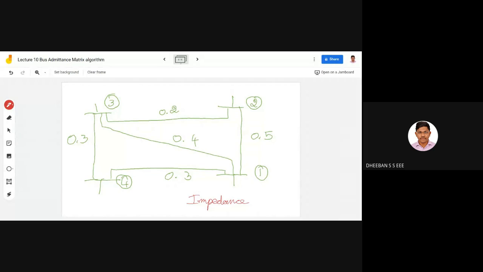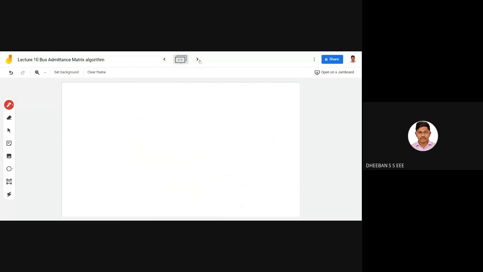If it is impedance, check the algorithm and tell me what you have to do. Convert it into admittance, sir. Yes, you have to convert them to admittance. For that you will be taking the reciprocal of them. Fine, so we'll be directly jumping into the solution.